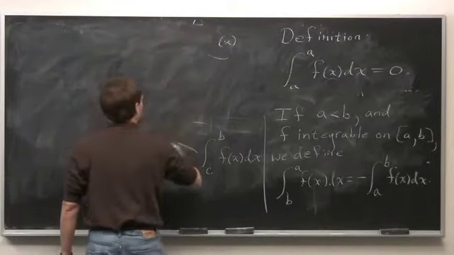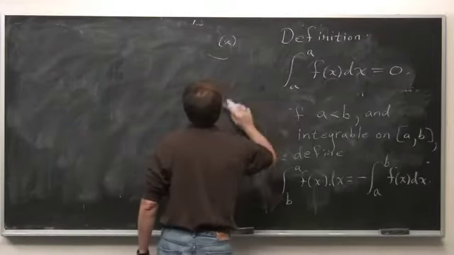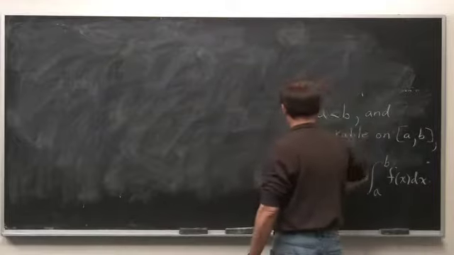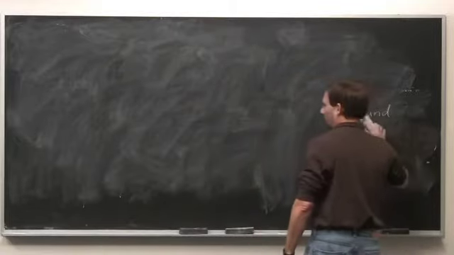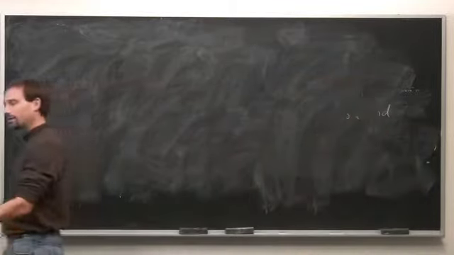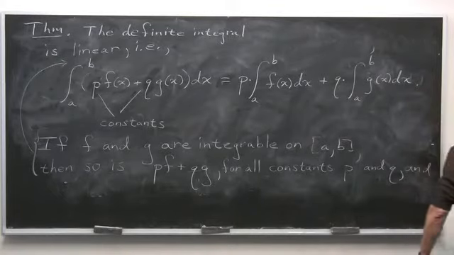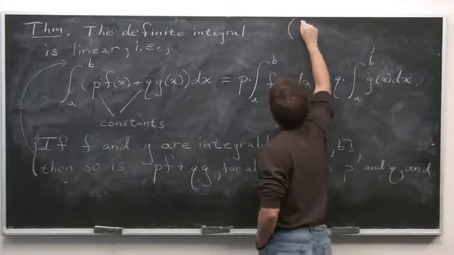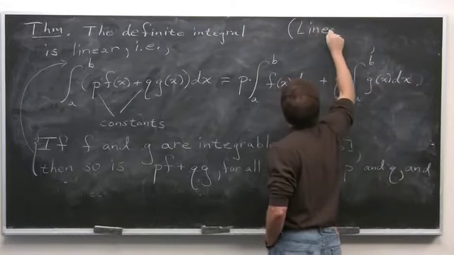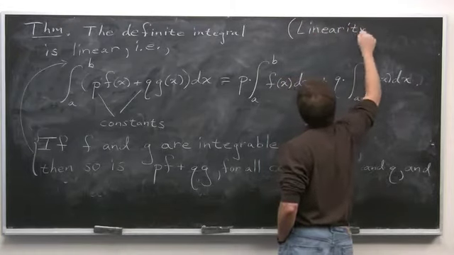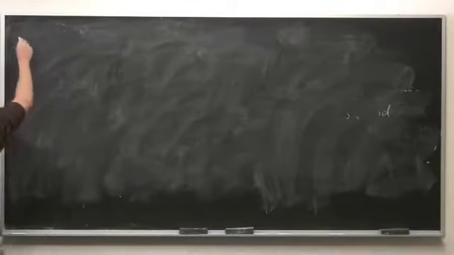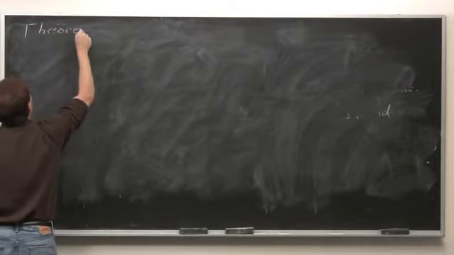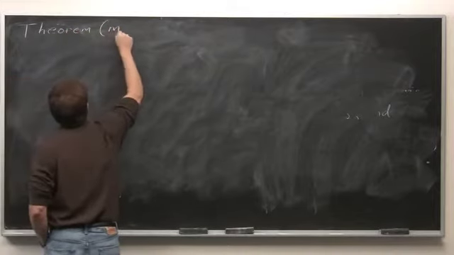And then another one that's intuitively clear is, so this is called linearity. We need to refer to this, linearity. This one is usually called monotonicity, which is kind of a frightening term. That's what it's called, theorem. Monotonicity.